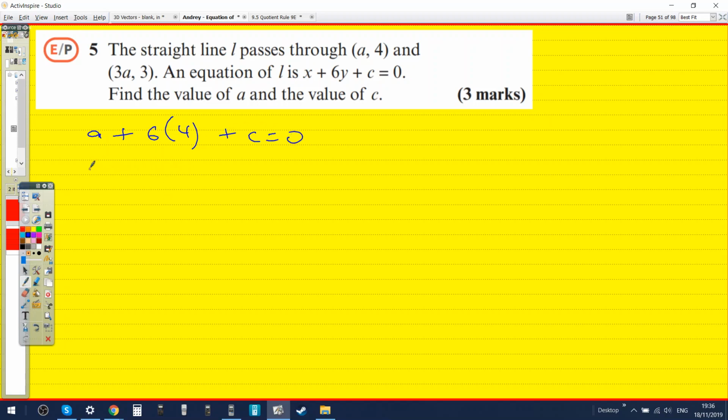And then do I then need to make a new equation subbing in 3a and 3? So 3a plus 6 times 3 plus c equals 0. And then do I do the simultaneous equation thing now? Yeah. Okay.